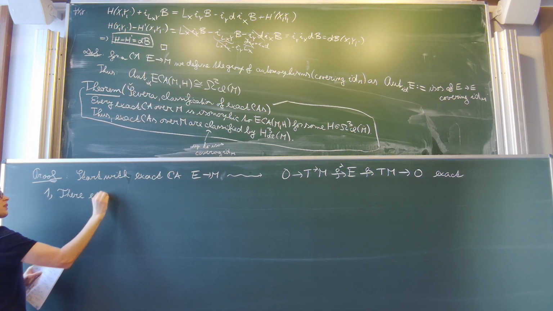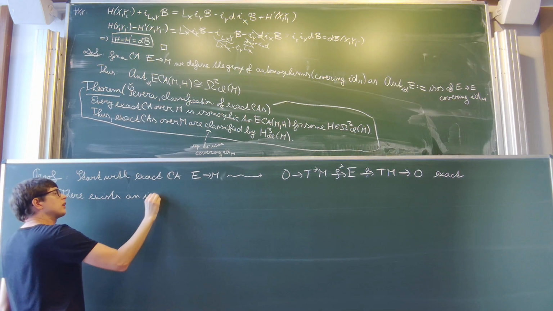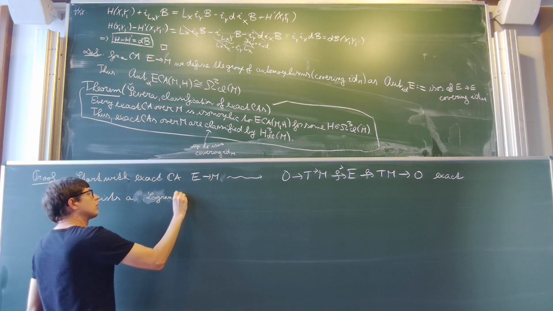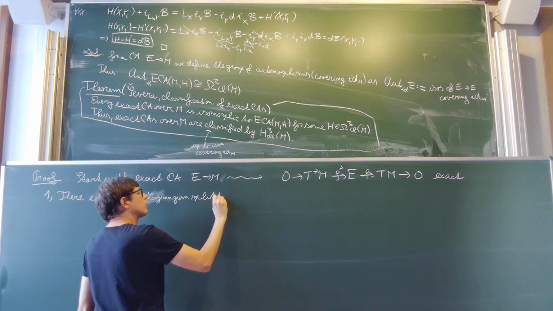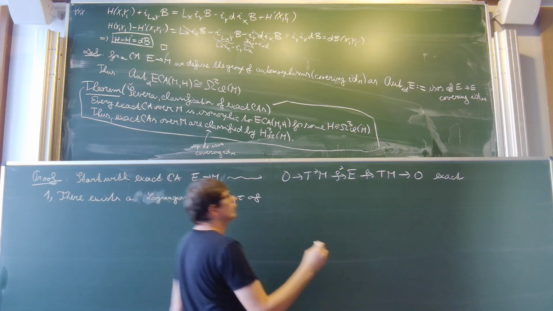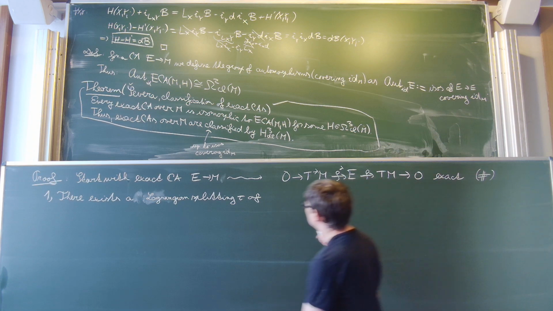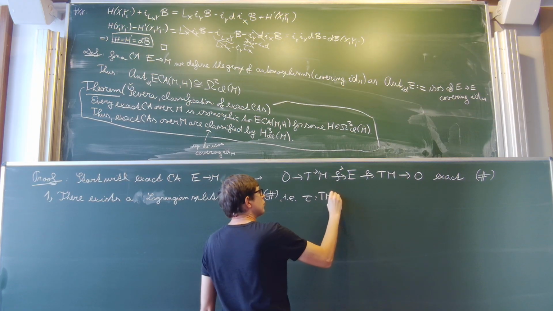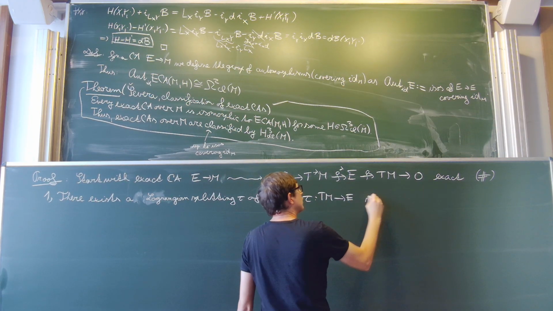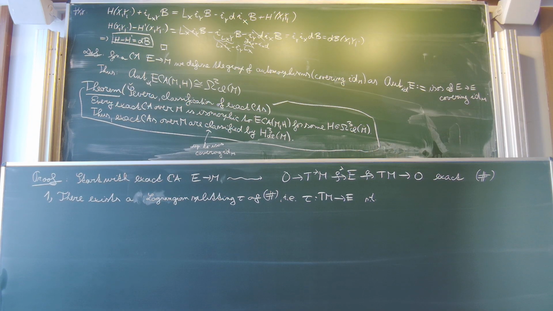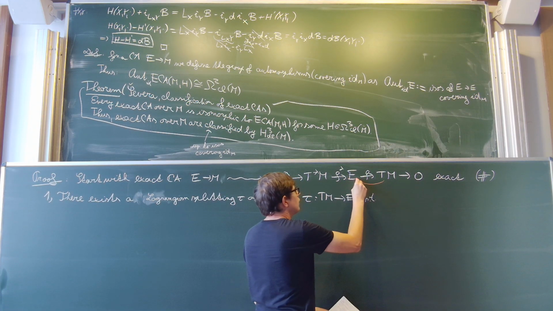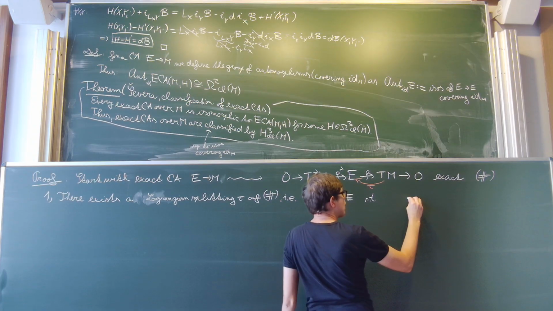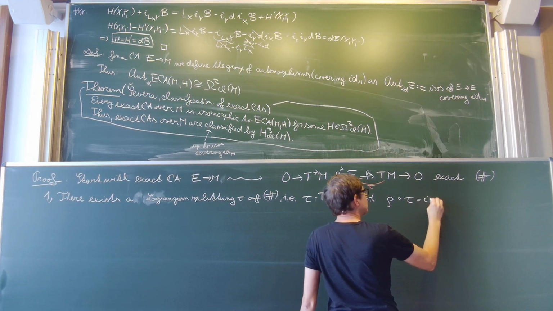Starting with an exact Courant algebroid, this first claim: there exists an isotropic splitting, or in fact Lagrangian splitting τ of this sequence, which is the same thing as to say there is a map τ that goes from TM to E, such that it's a splitting, which means that if I apply that and then I go back using the anchor map, then I get the identity.